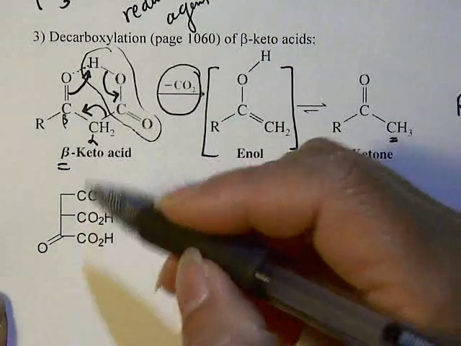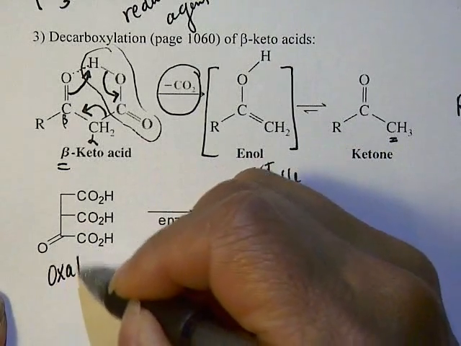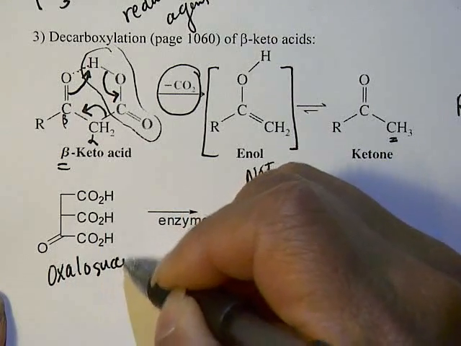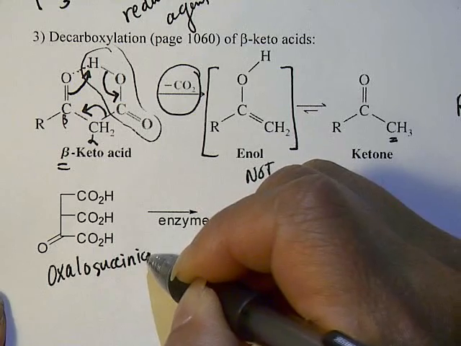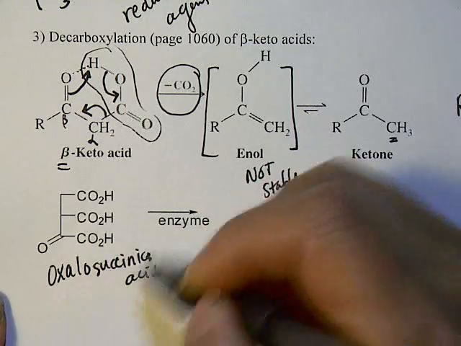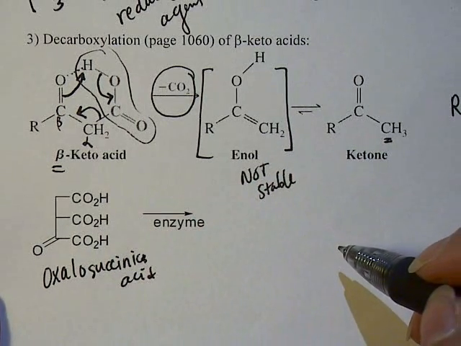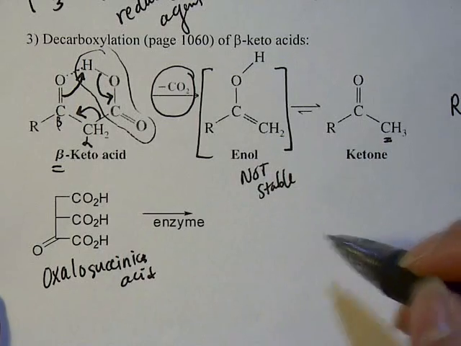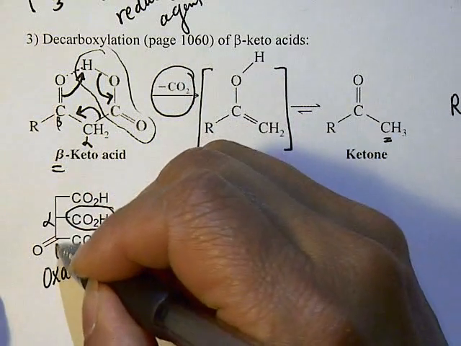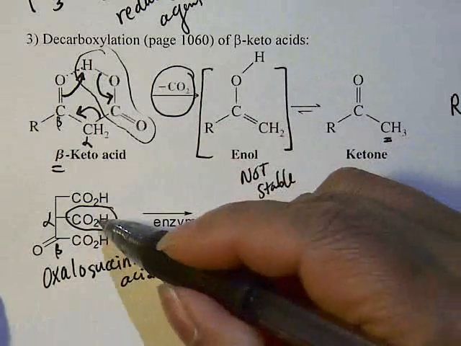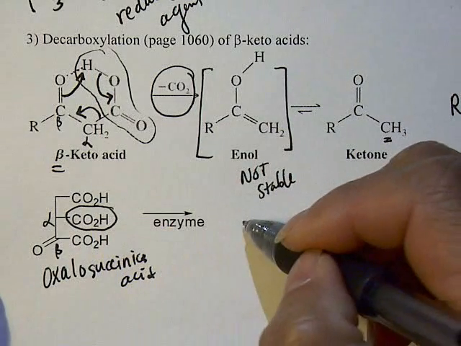So in our body, this is oxalosuccinic acid, and this is one step in the TCA or Krebs cycle. Notice that this is the carboxylic acid that is beta to this carbonyl, and that's going to be lost as CO2.